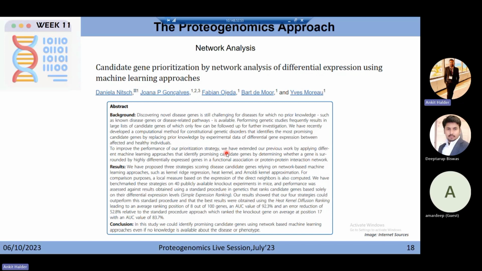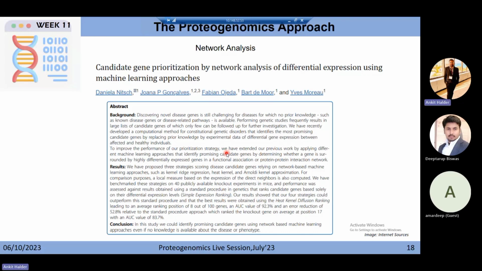So similarly, a gene is surrounded by highly differentially expressed genes in a functional association or protein-protein interaction network.